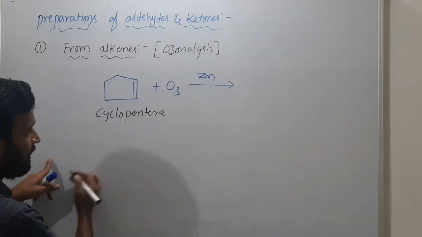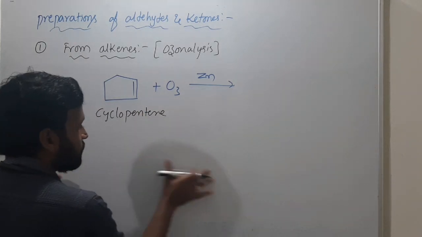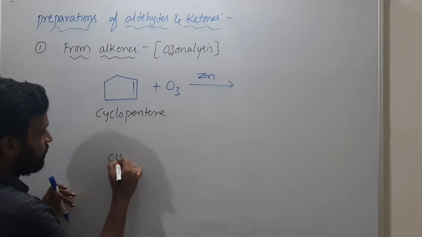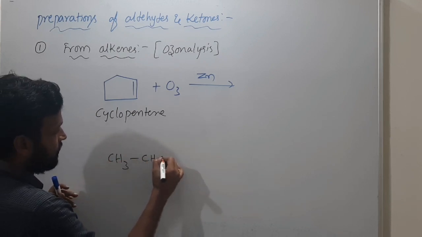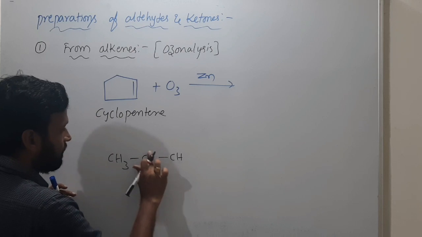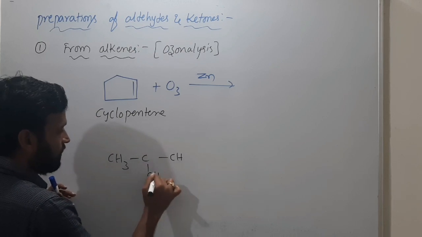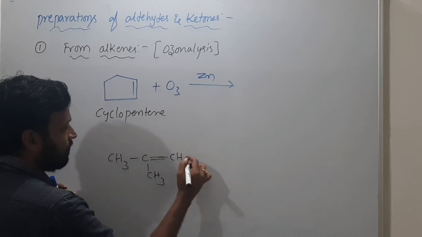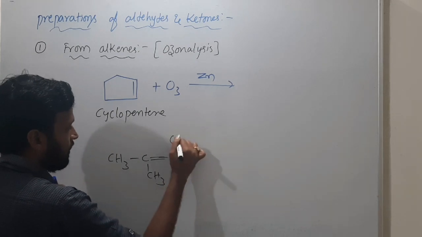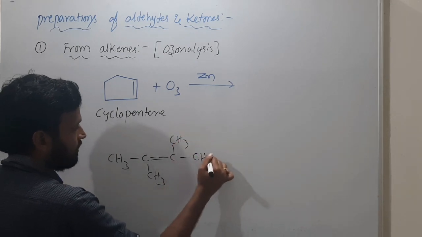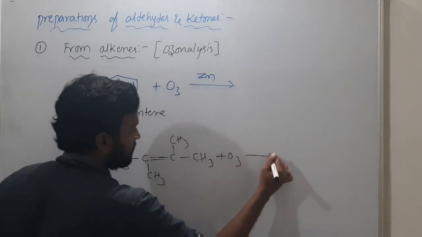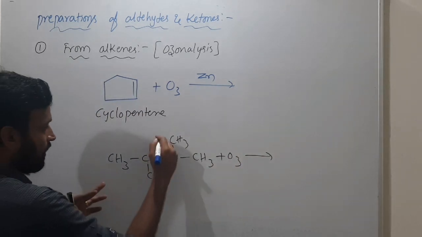Suppose this one is given: CH3 CH and CH, suppose given this one and CH3, and here you have a double bond and here also you have CH3 and CH3.